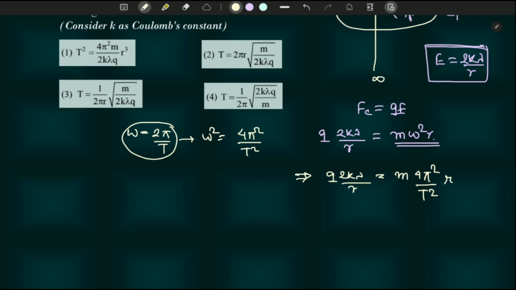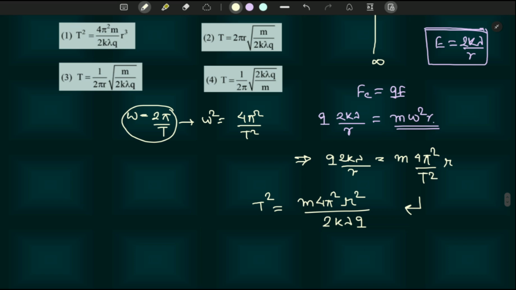So T square is equal to m 4π square into r square by 2kλ and q. So T is 2π r m by 2kλq under root.